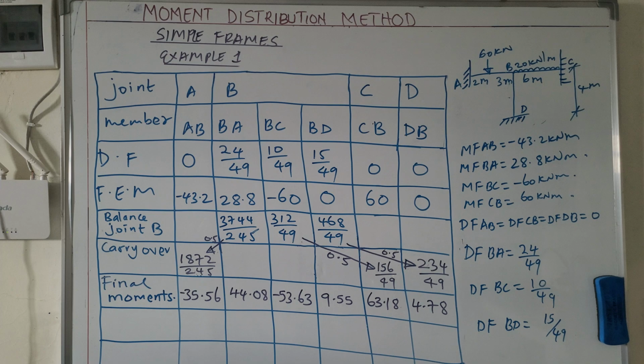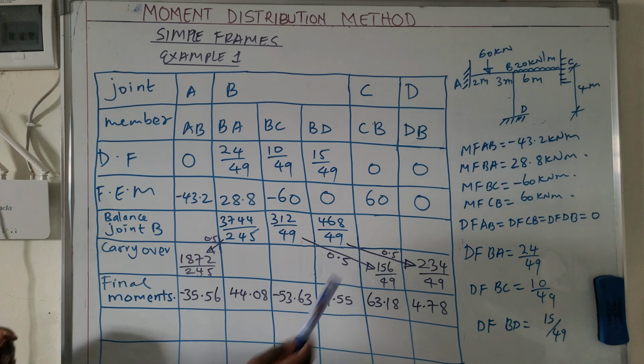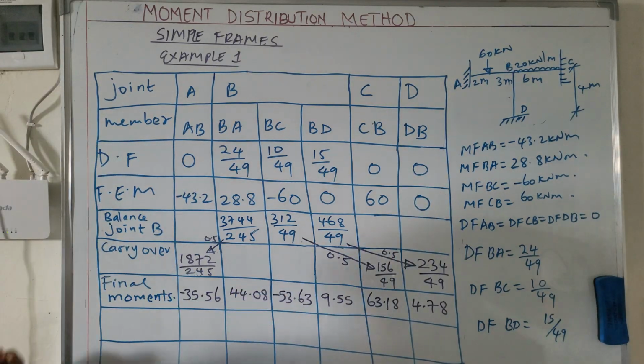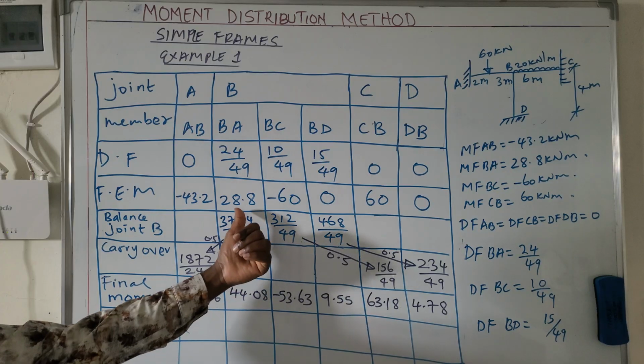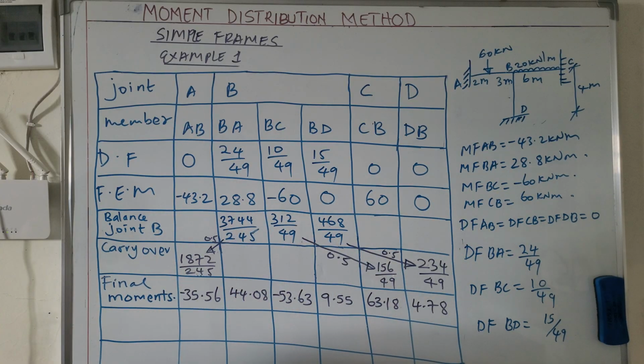So the first step is to balance joint B. Again, something to note is that joint B has a simple support. Let's see how you can balance this joint B.